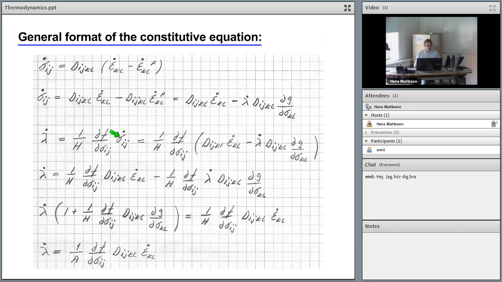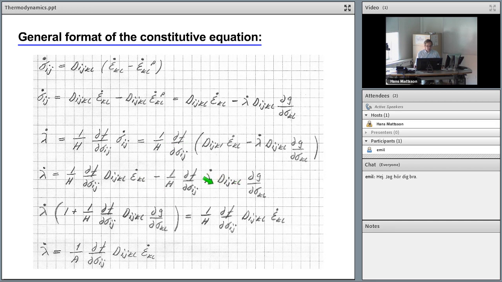And then for the increments in the stress tensor, I substitute with this, and I get this information. And then I multiply this factor into the terms here. I get this result.